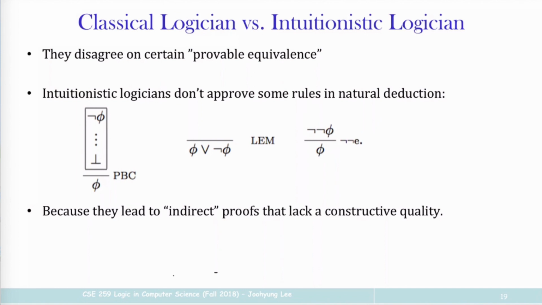Some of the rules that you saw, like proof by contradiction, law of excluded middle, and the double negation elimination rule, intuitionistic logicians do not approve of these as valid deduction rules. Under intuitionistic logic, which we're not going into in detail, there is some merit to that point. Their position is that if you allow this type of set of rules, then you will have very unintuitive proofs. Okay?